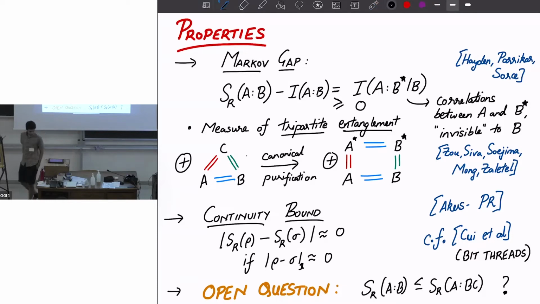It should be strictly smaller than the correlations between A and BC. Basically, when you remove C, the correlations should only go down. This is something that hasn't been proven yet. So technically, this doesn't count as a correlation measure as of now, although there's no counter examples to this statement. So perhaps it could be proved.